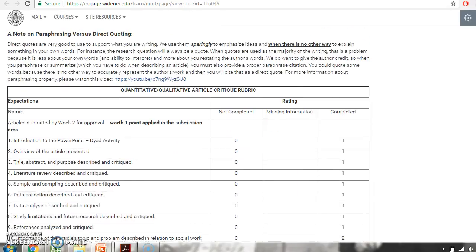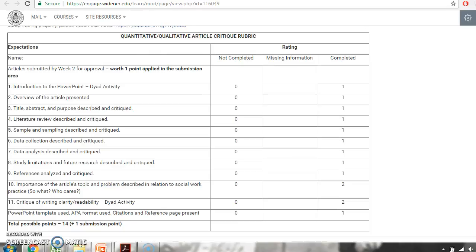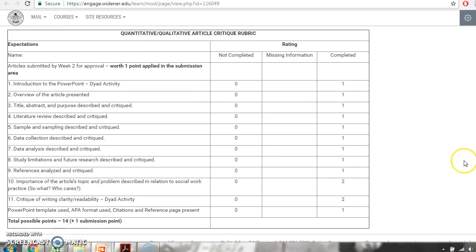And what I really wanted to look at was the rubric. So this will be the rubric that I will be using to grade your PowerPoint presentations. I will be grading each student individually. So you will each get a grade sheet from me with a grade based on the particular article that you were responsible for.